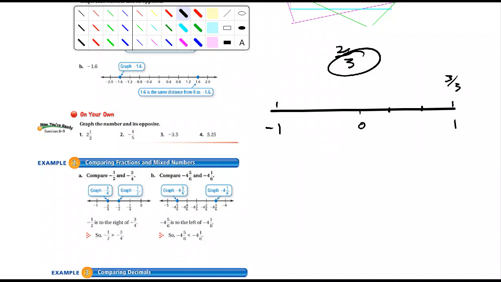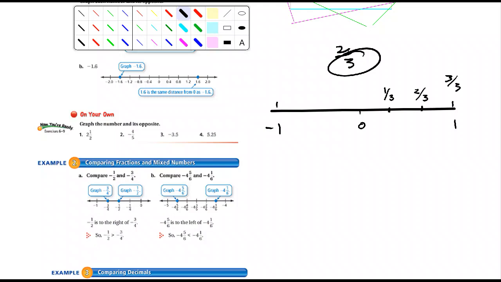Is it going to be closer to the 3/3 or closer to the 0? Okay, nope. This is going to be 1/3. and this would be 2/3. Okay? Yeah, you guys are going to have to learn this.